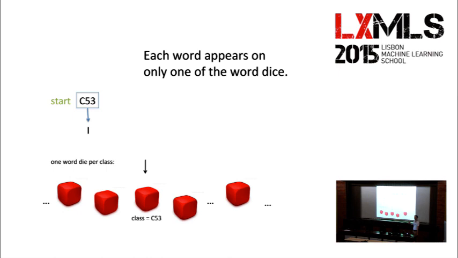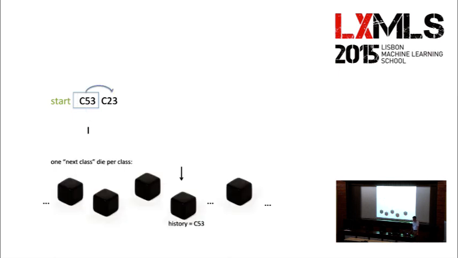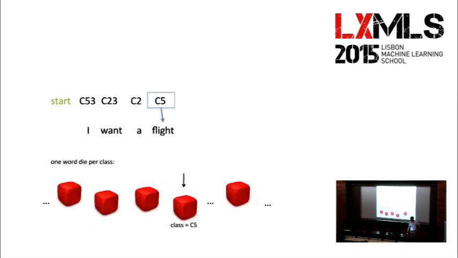It's got words printed on it. I roll the one for C53, and I get a word, I. Now I go back to my black dice, and I pick up the C53 die for the history, and I roll it, and I get C23. And so I alternate back and forth, rolling the black die to get the next class, the red die to get the next word, and so on. Make sense?